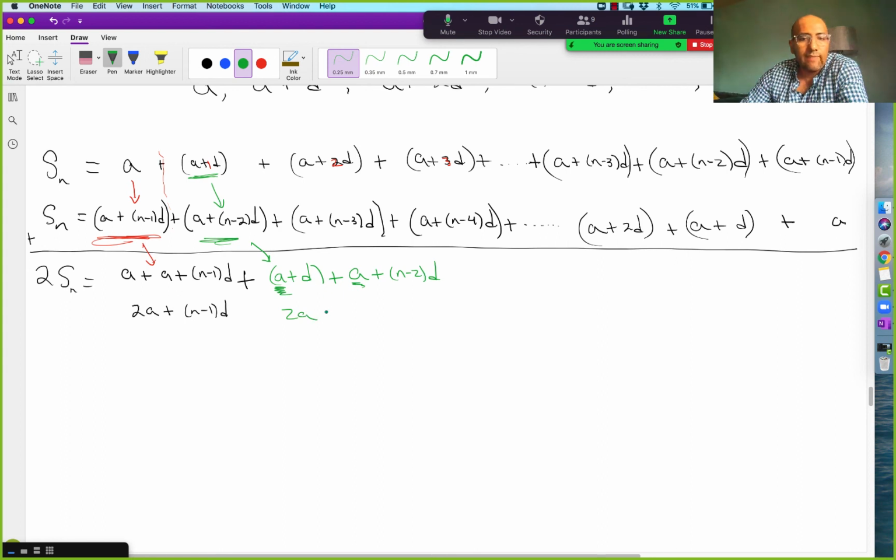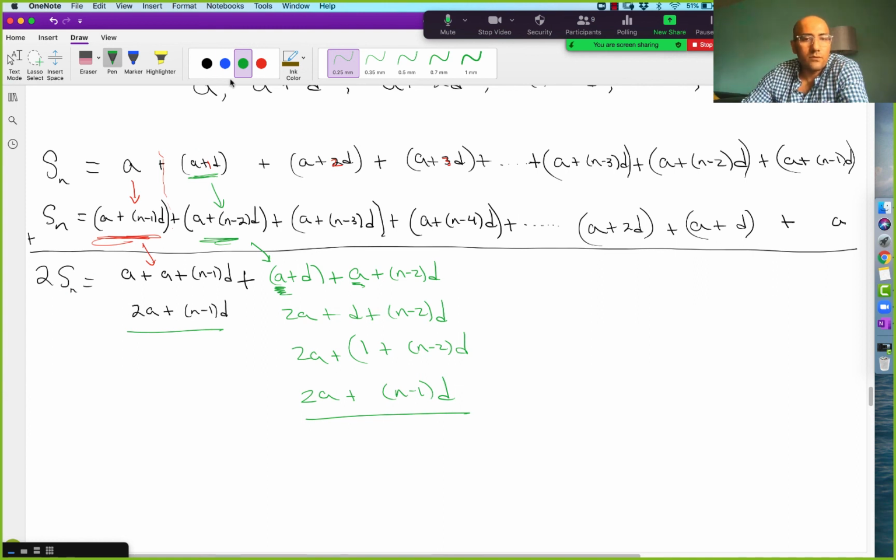And then we have d plus n minus 2d. Good. And these, if we factor out a d, we end up with 1 plus n minus 2 times d, 2a, plus all that. And so these simplify to give me 2a plus n minus 1d. Oh, same thing as that one.